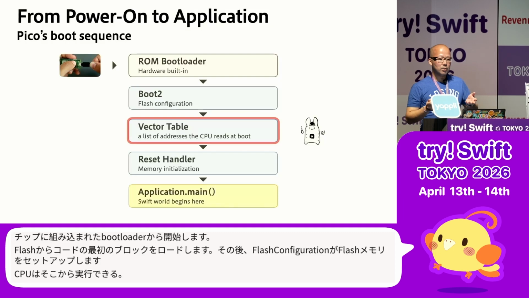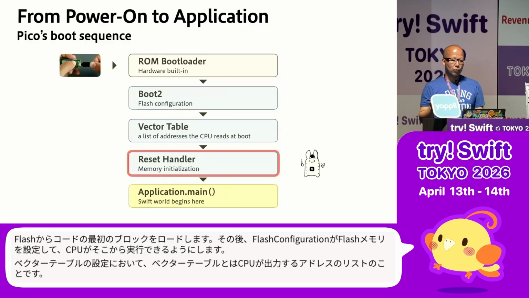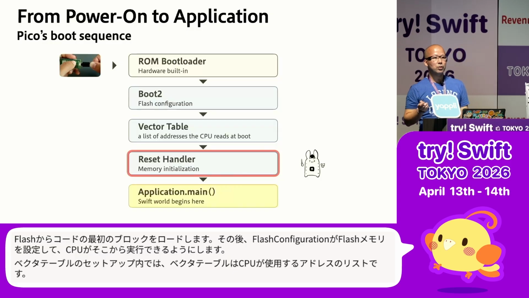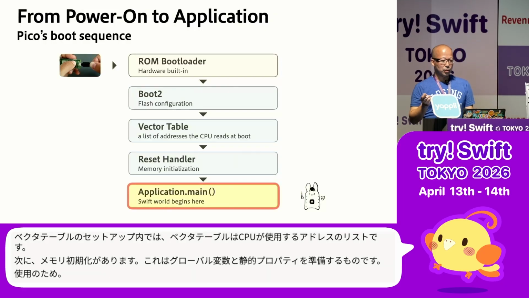Then the vector table setup. The vector table is a list of addresses the CPU reads at boot. Then memory initialization, which prepares global variables and static properties for use. And finally, the main function.